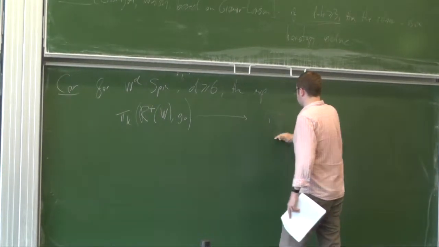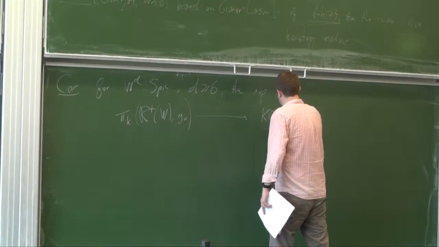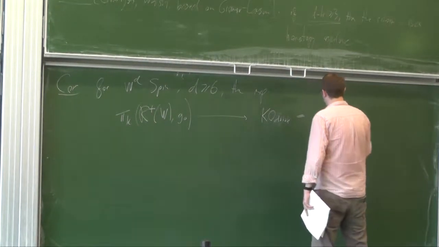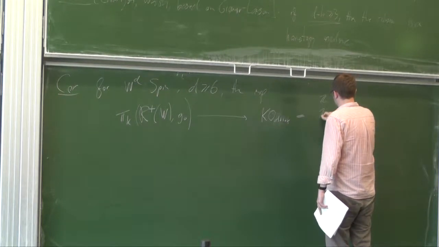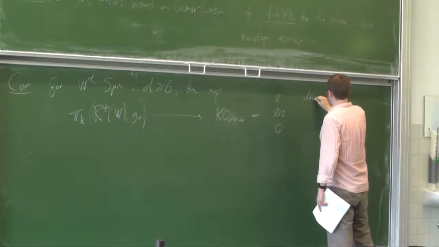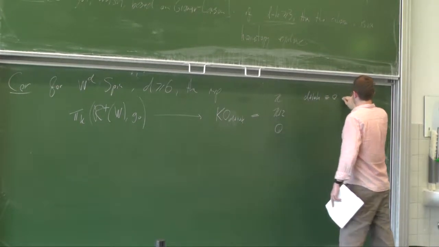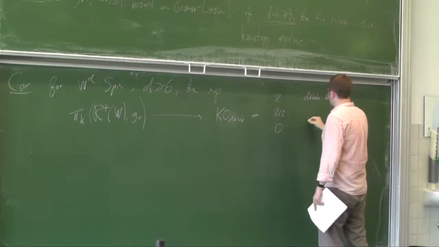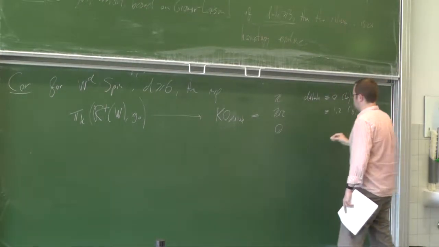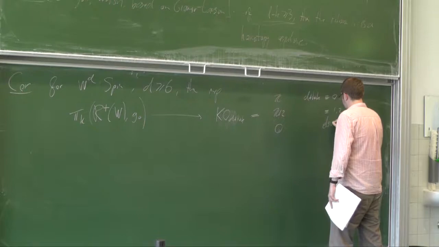Or rather, a better thing to say is KO d plus 1 plus k, which you'll remember is either Z, Z mod 2, or 0. It's Z if d plus 1 plus k is congruent to 0 mod 4, and it's Z mod 2 if the same thing is congruent to 1 or 2 mod 8, and it's 0 otherwise.